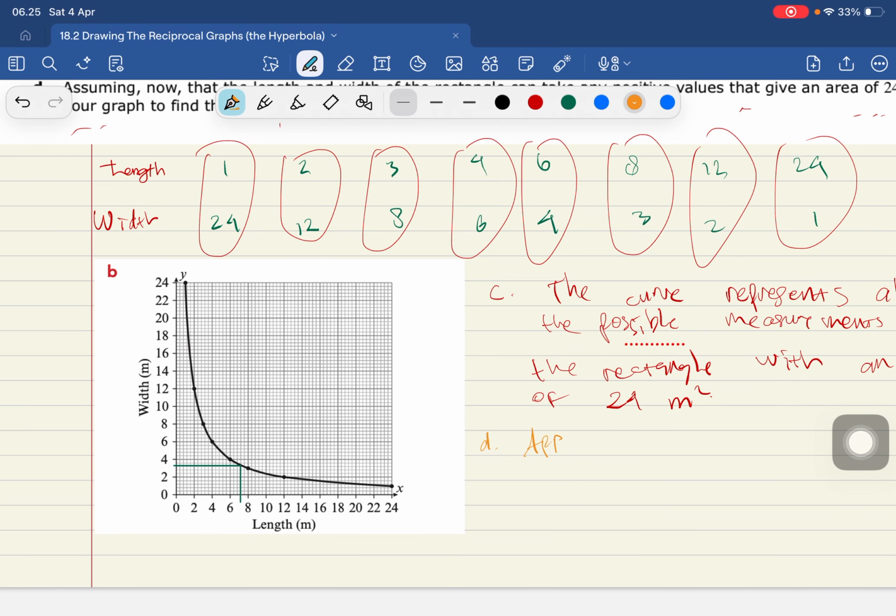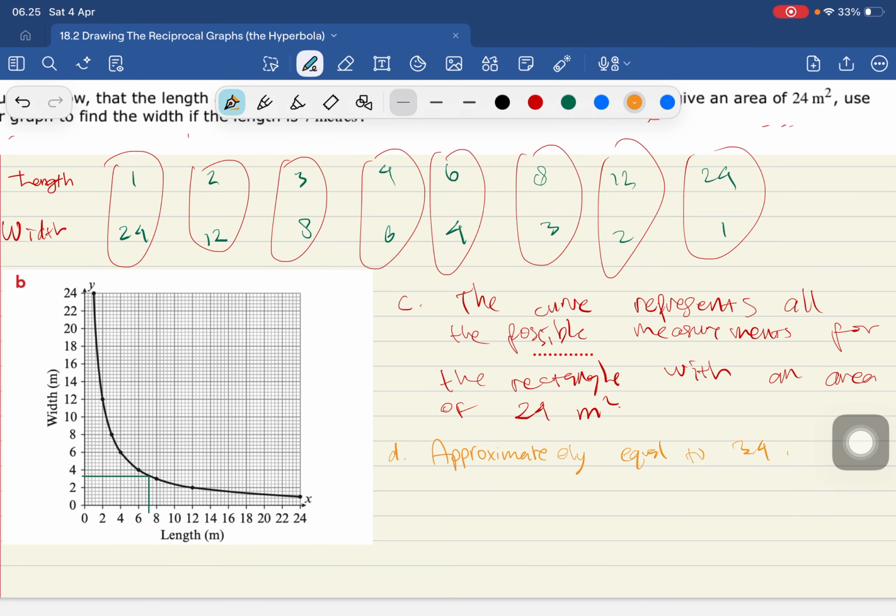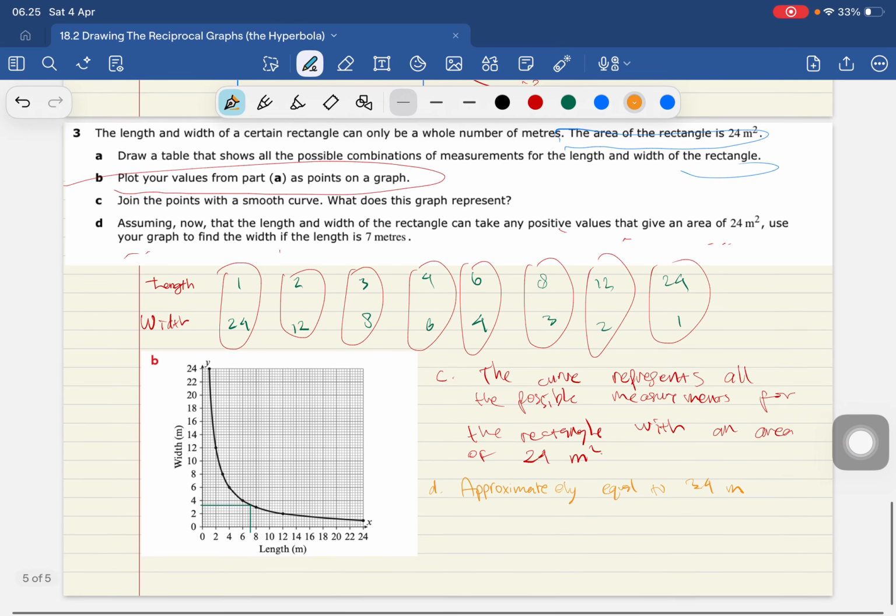So the width is approximately equal to 3.4 meters. Okay, there it is. Thank you.